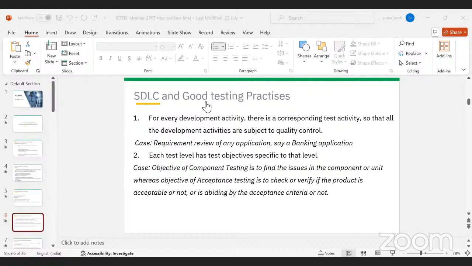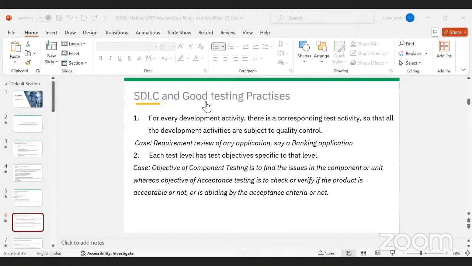Is there any other model? From what we have learned, there are many other models. V model is right, because for each development phase we are doing our testing, and V model is the one model which applies the testing principle of early testing. And iterative is correct because for each iteration we run all the different SDLC phases.